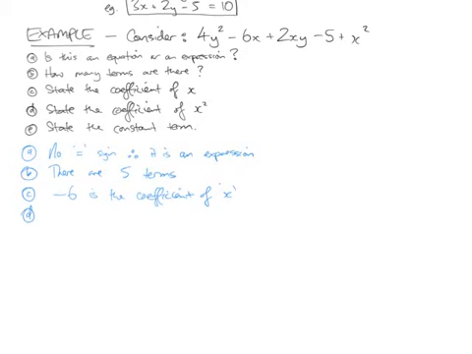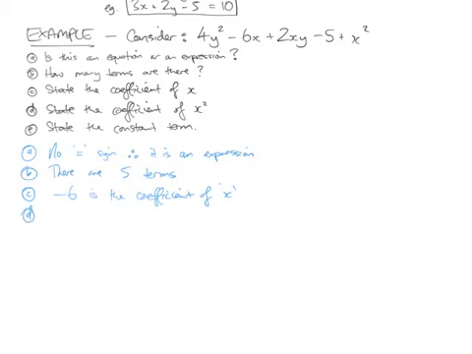D, state the coefficient of x squared. Now it's not asking about x, it's asking about x squared. This is y squared, this is x, this is xy, this is no variable, this one is x squared, but you'll notice there's nothing in front of it. You're probably going to say the coefficient is 0, but it's not, because anything times by 0 is going to make it 0. If the coefficient of this was 0, it wouldn't exist.